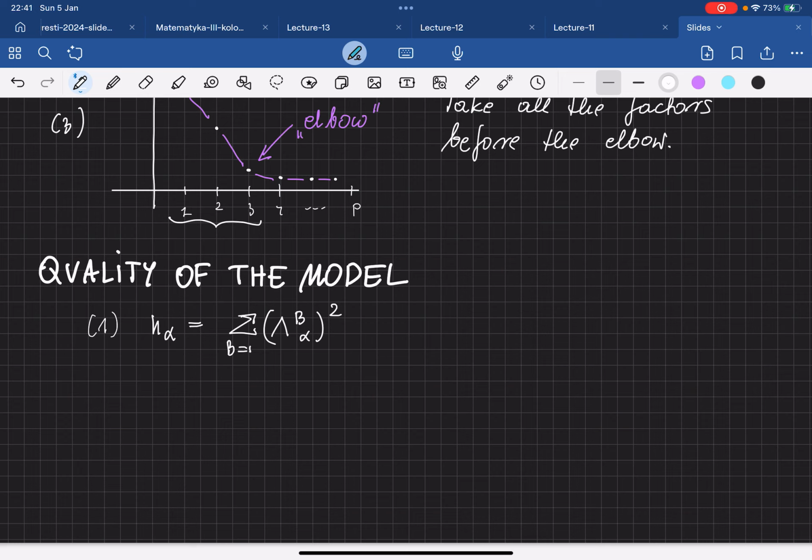We sum over all factors divided by the variance of X alpha. And if all the communalities are close to 1, then our model is good. So we expect H alpha to be close to 1.